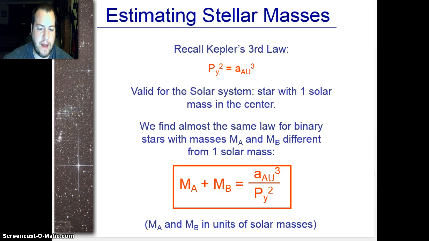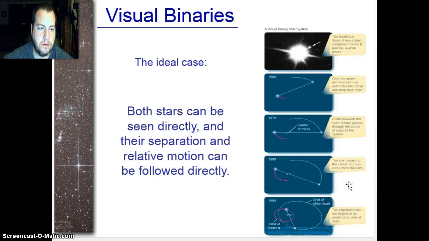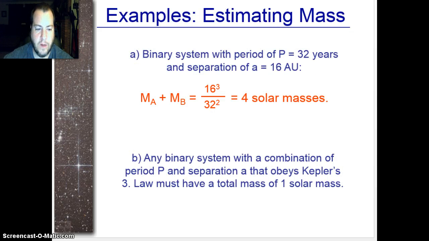So here's an example of that. Let me go back here. Way to estimate mass. So the combined mass of these stars is equal to their distance away from each other cubed over their period squared.